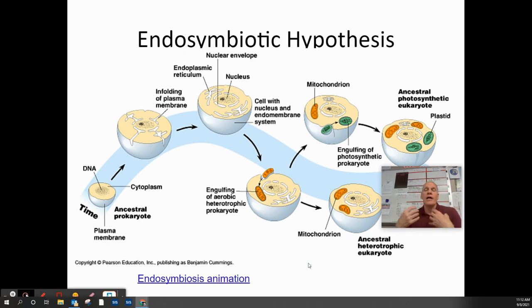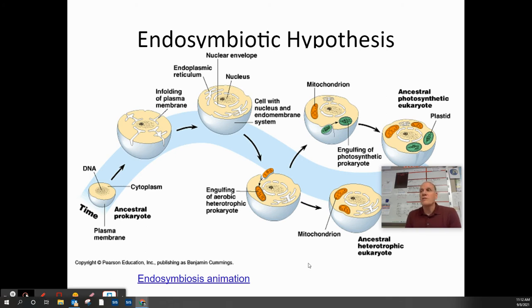Our DNA as a eukaryotic organism consists of multiple linear chromosomes. In humans, we got 46. Bacterial cells, however, prokaryotes, only have one chromosome, and it's in the form of a circle, although it's folded up. But if you stretch it all out, it would be a single circular chromosome. Okay, and that is what chloroplasts and mitochondria have.